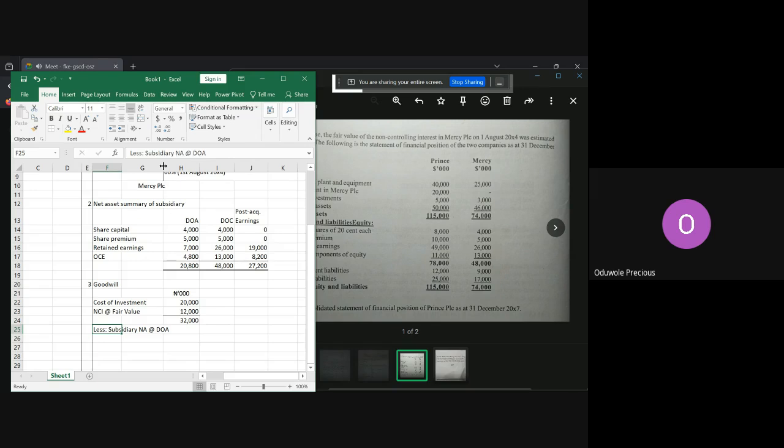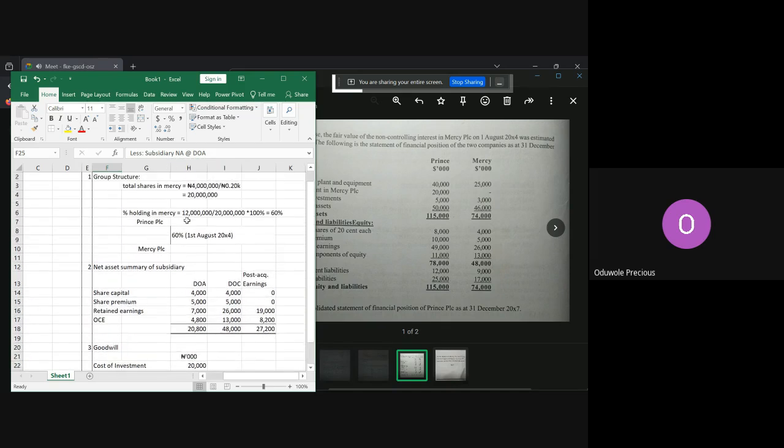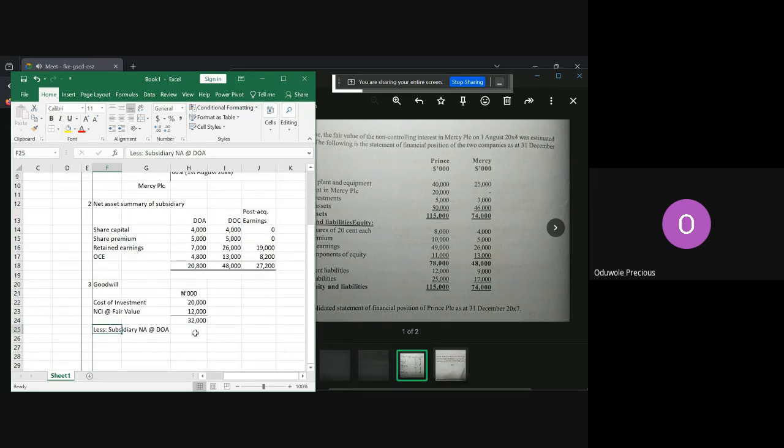So which will now give us what's at DOA? How much is it? 2800, right?